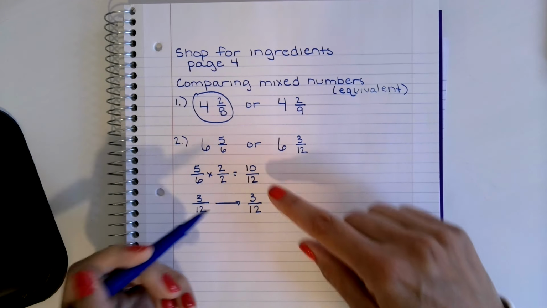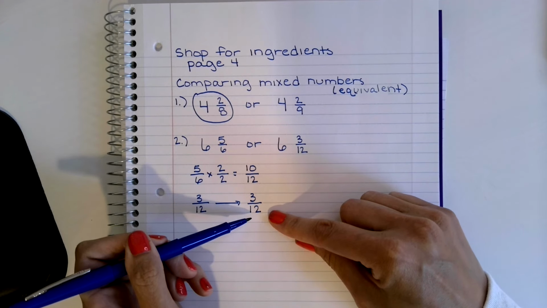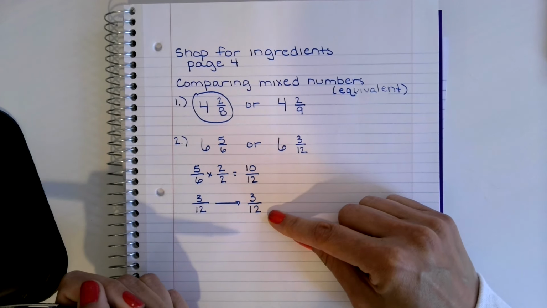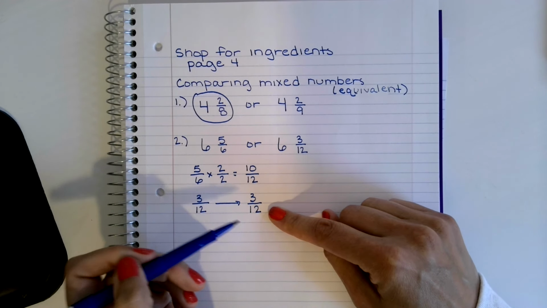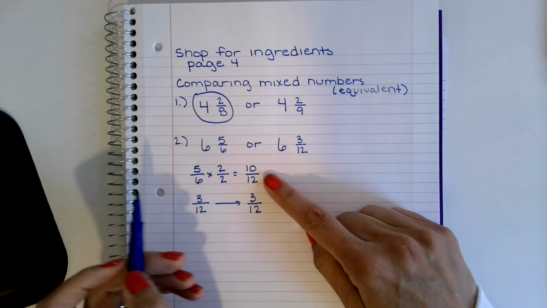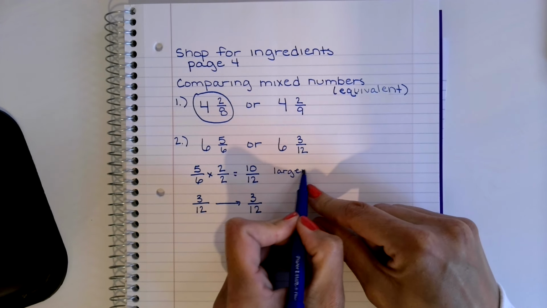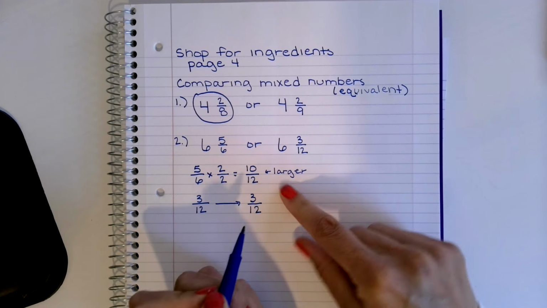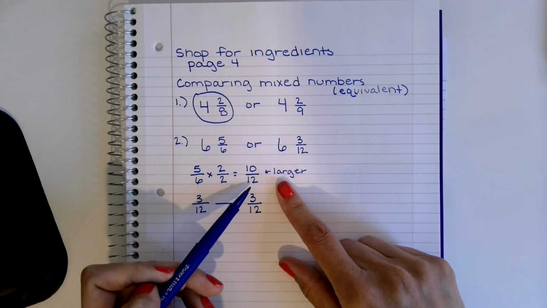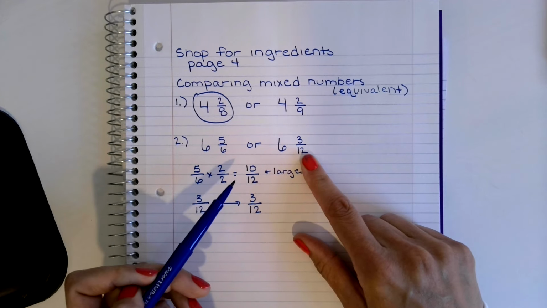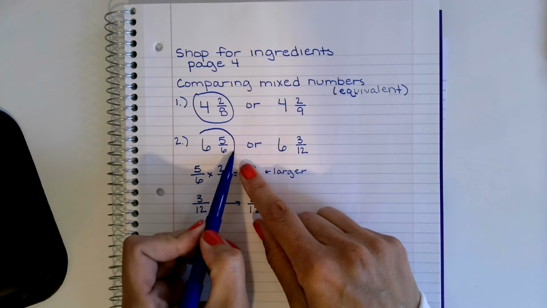Now I'm going to compare 10/12 and 3/12. Which one's larger? Well, the 10/12 is larger. So 5/6 is the same as 10/12. So this is the smaller one, and this is the larger one. So this one is the better deal.